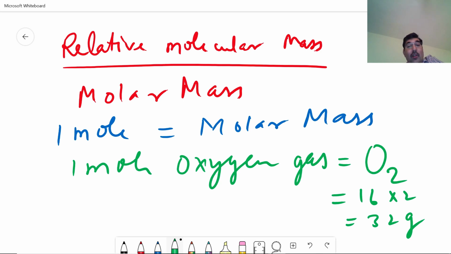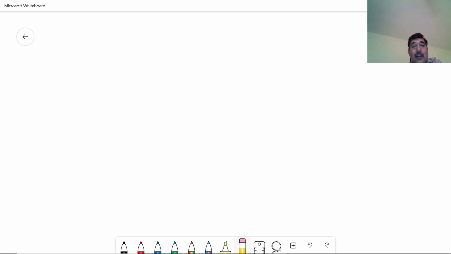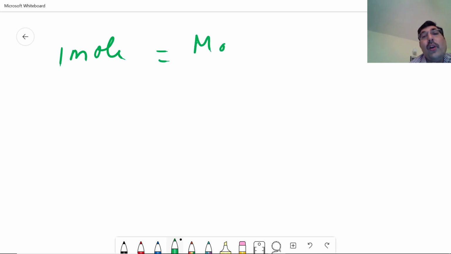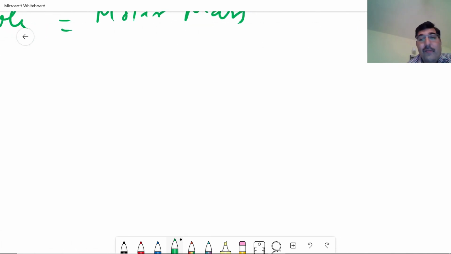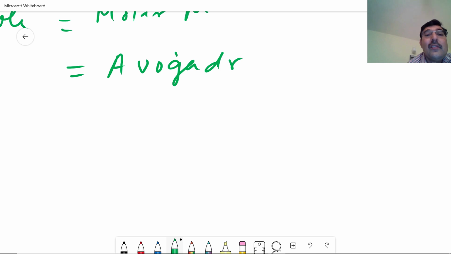Extending further to Avogadro's number, the relationship is 1 mole equals molar mass, and it is further equal to Avogadro's number.